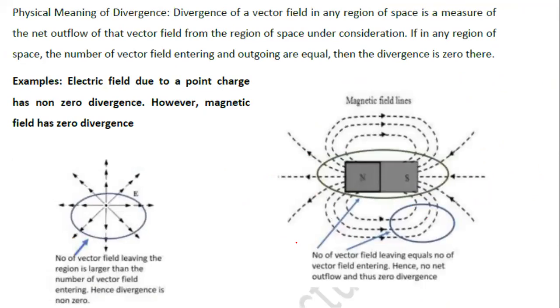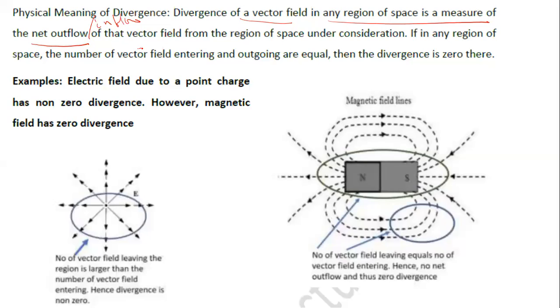Okay. Now let us look into what is called, I'm about to conclude, the physical meaning of divergence. In any region of space, divergence of a vector field measures the net outflow or inflow of that vector field in that region of space under consideration.